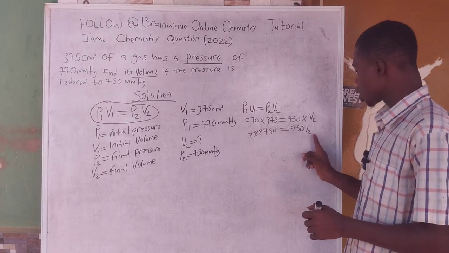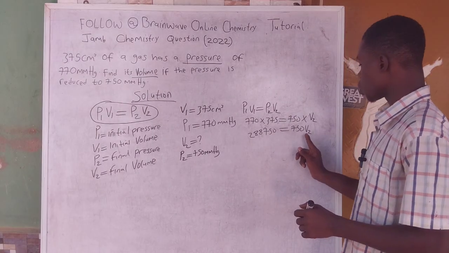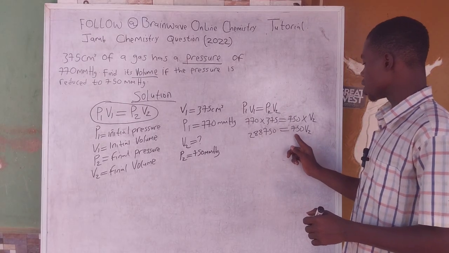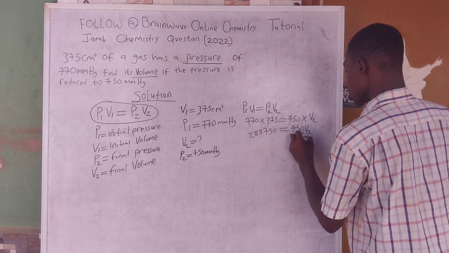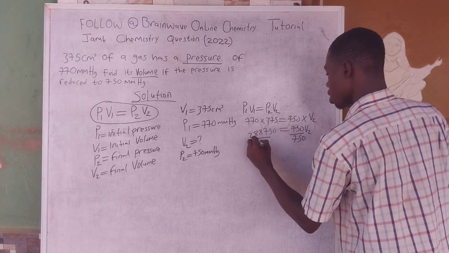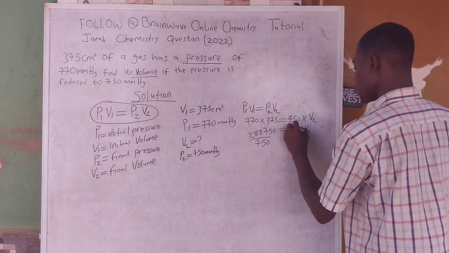Now, we are asked to look for V2, not 750 V2. To make V2 the subject of the formula, we are going to divide both sides by the coefficient of V2, which is 750. So we divide both sides by 750. 750 down cancels 750 up.